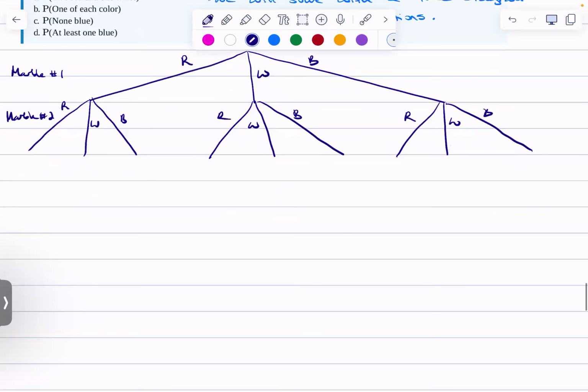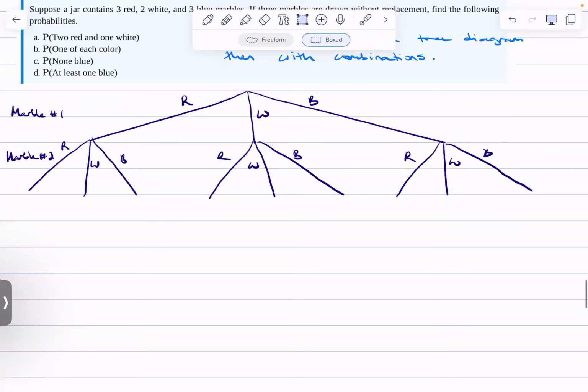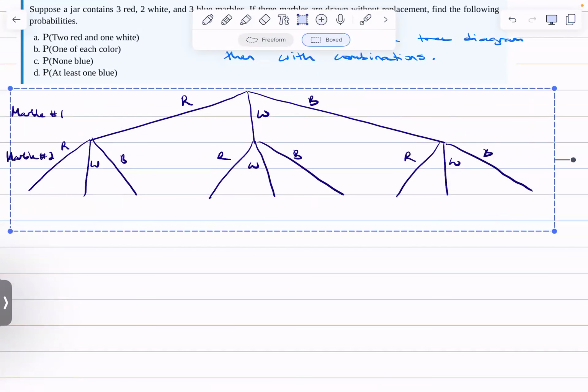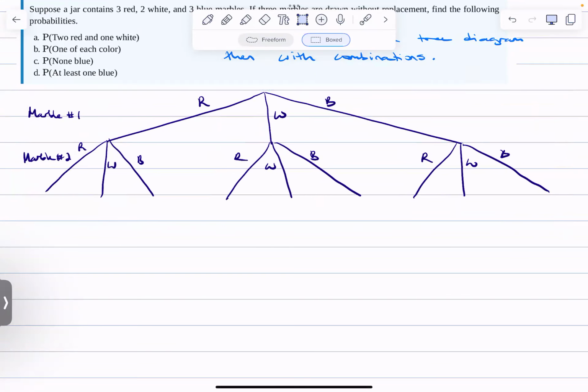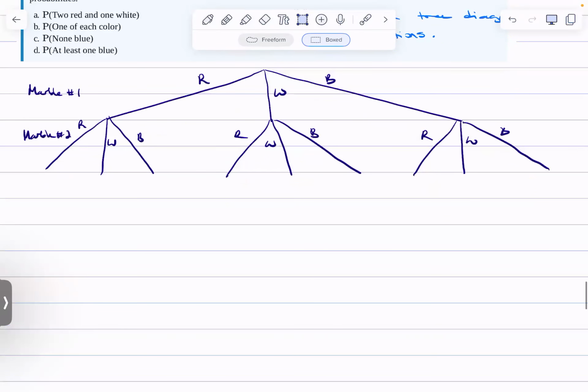I need a little bit more room here because I need room for 3 branches off of each of these. So this is where you start to think, I don't really want to build this tree diagram. Maybe there's a better solution, and there is. So don't worry, but we'll do it just for practice.